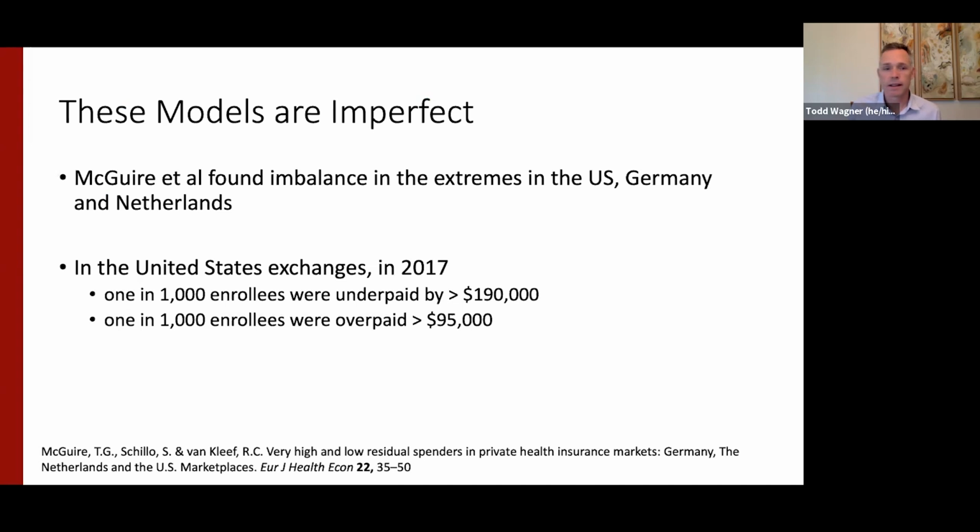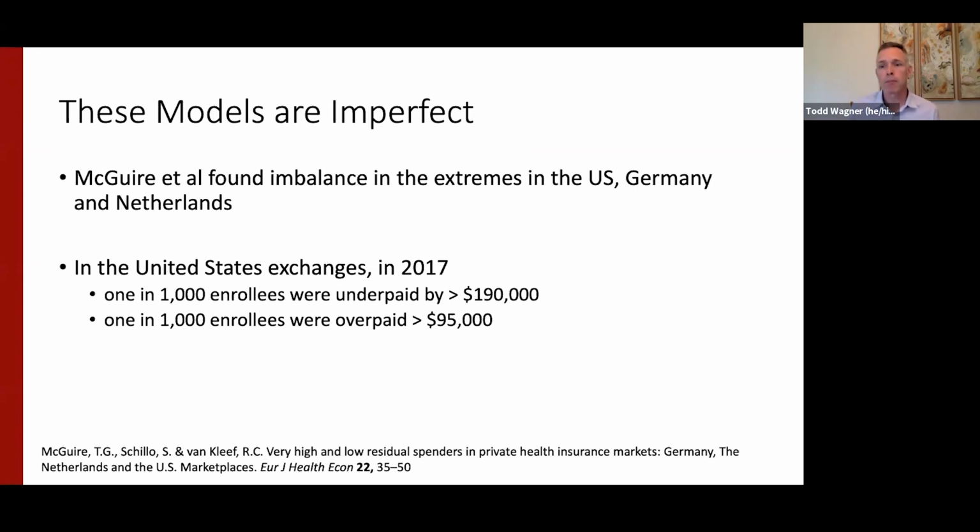Just to note that these models are all imperfect. There's a great paper by Tom McGuire on the imbalance of the extremes in the US. They also looked at some other countries, but in the US in 2017, 1 in 1,000 enrollees were underpaid by $190,000, and 1 in 1,000 enrollees were overpaid by $95,000.